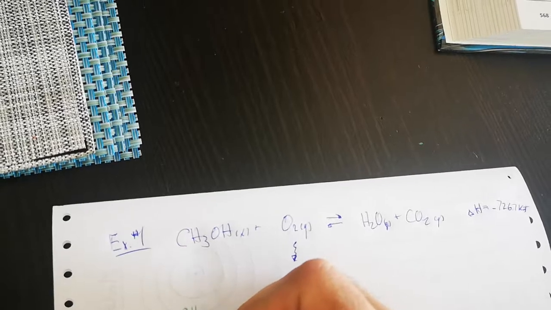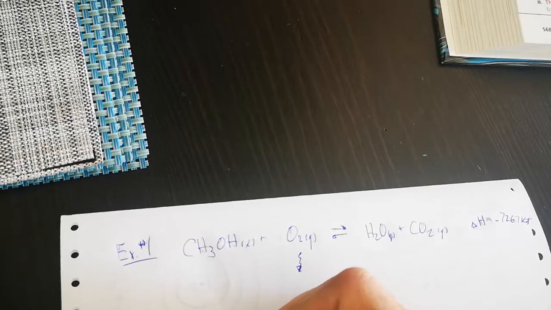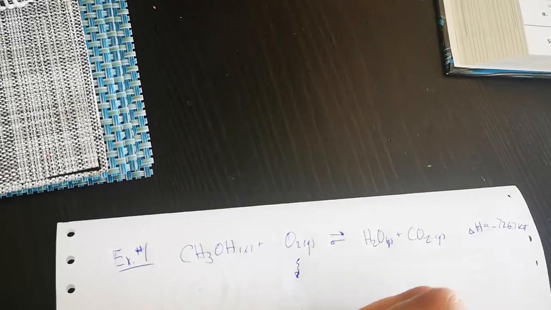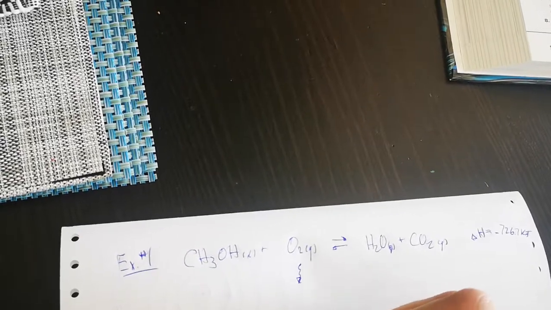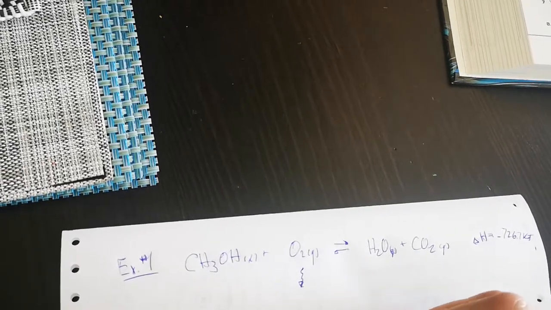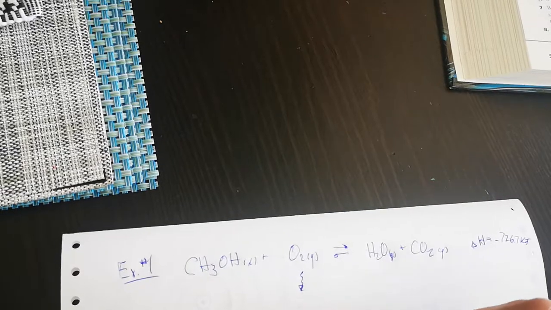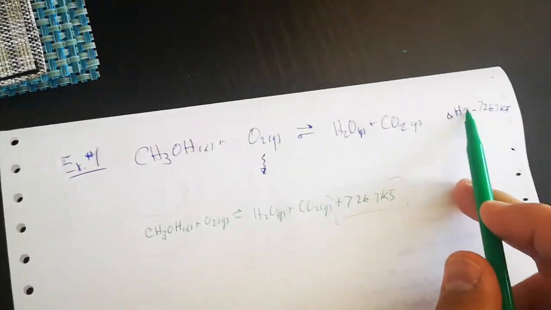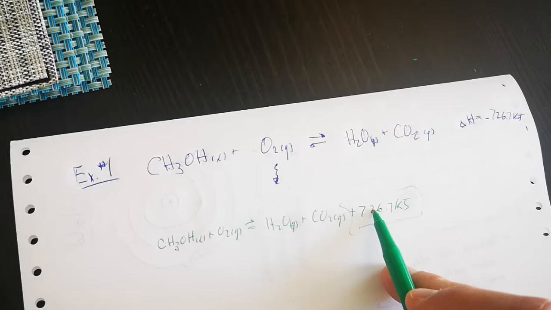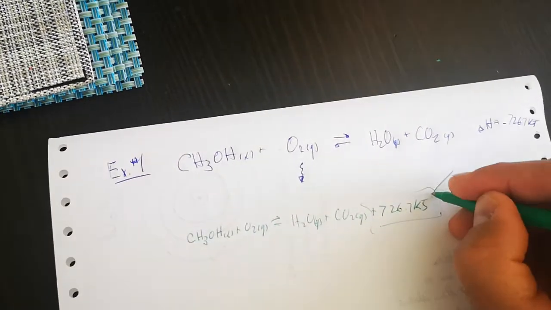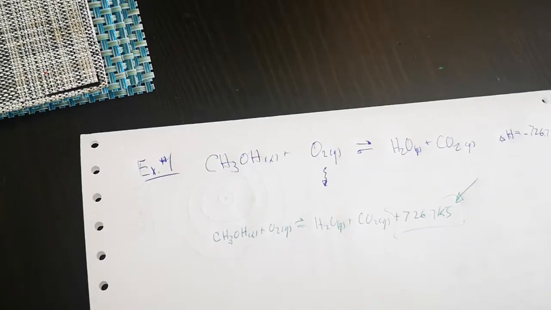So here we've got our methanol, our oxygen, our water, our carbon dioxide, and our heat. Ta-da! So we include the delta H value, that change in heat, we plug it right into the system. So this would be an example of writing a thermochemical equation.